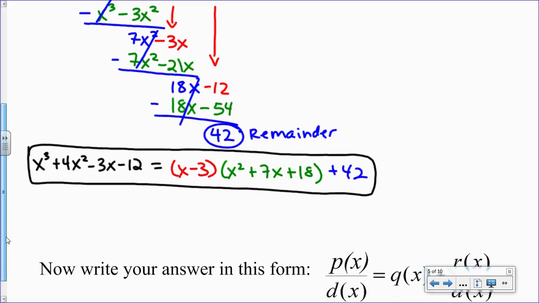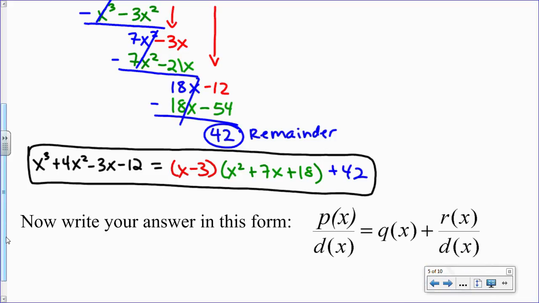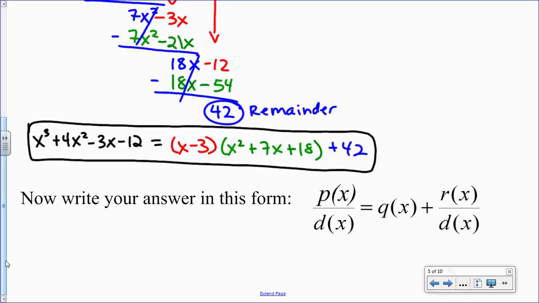Okay, now we want to write it in this form. So now we're writing it as a division problem. So you put the problem, which is this, your dividend, so x cubed plus 4x squared minus 3x minus 12. So I divided that by x minus 3.